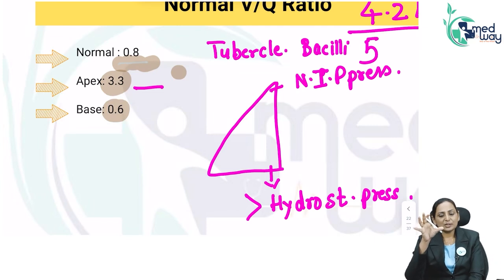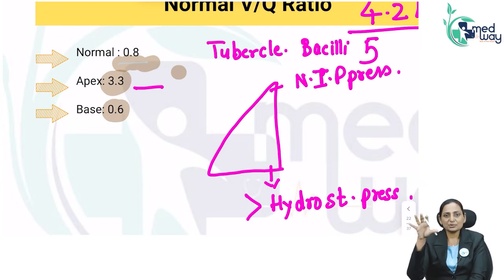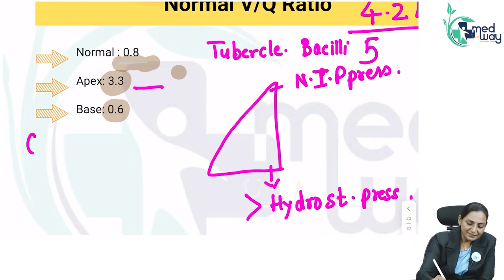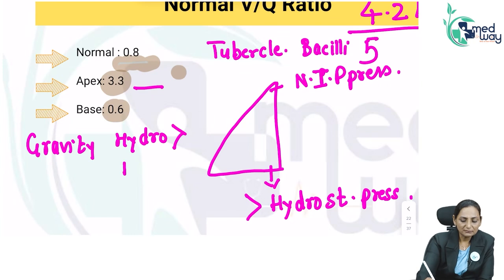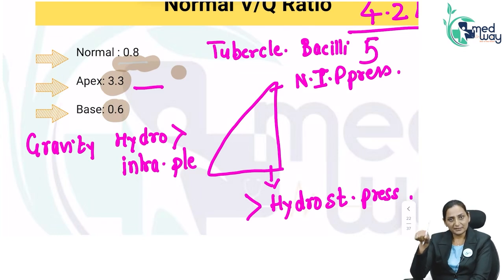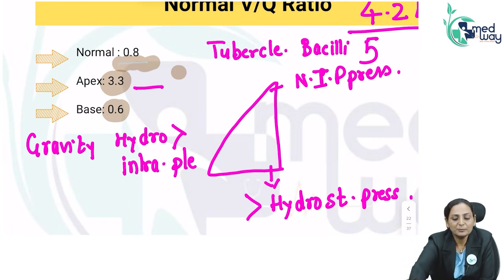So there are intrapleural pressures and there are hydrostatic pressures, and all of them are affected by gravity. But remember that gravity is affecting hydrostatic pressures more than intrapleural pressures.